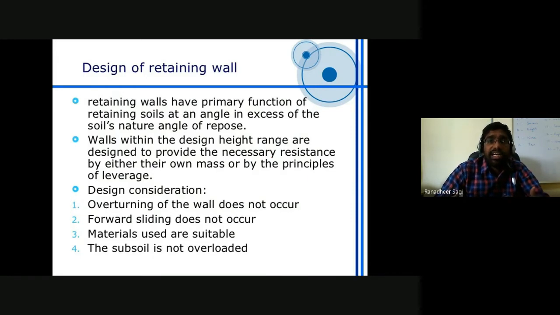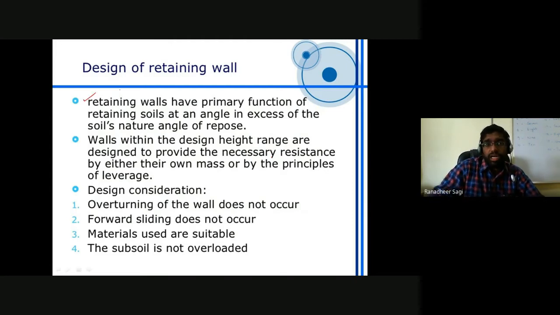Because the designed retaining wall has to be safe against what all factors, what all considerations. Okay, so we should understand what could be the possible factors which would govern the design aspects of your retaining structure. Let's quickly understand that.